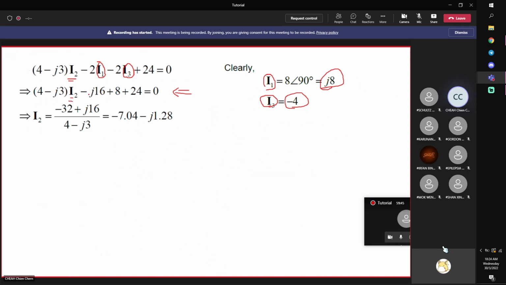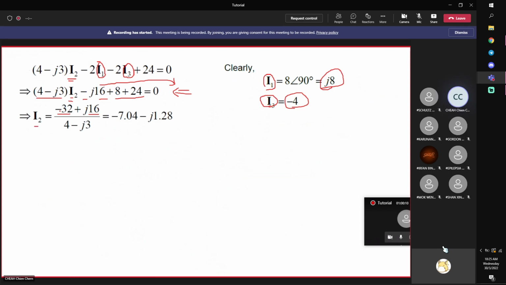If there's only one unknown, you only need one equation, and you can solve it by algebraic manipulation. Just bring this to the other side of the equation. This 32, bring it to the other side, you get negative 32. This negative 16j, bring it to the other side, you get positive 16j. And divide by this, you get I2.